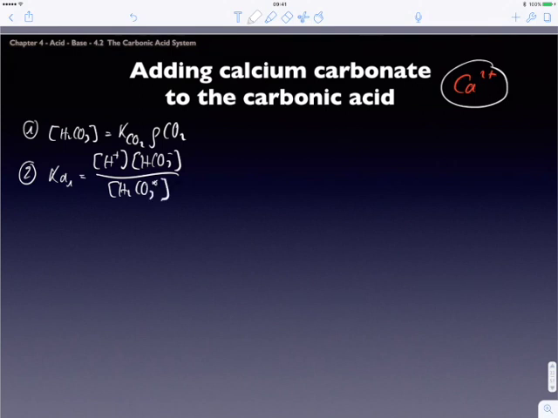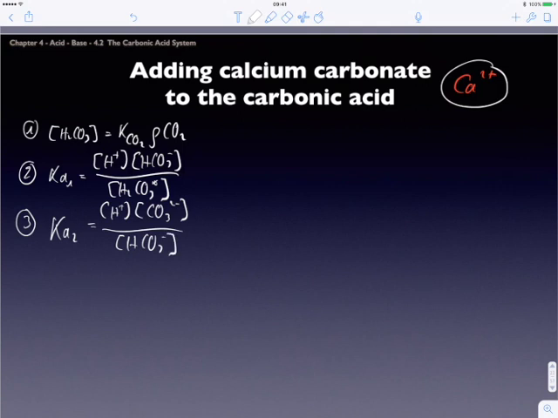This is the second equation. The third one we are familiar with too, which is Ka2: H+ times the carbonate divided by the bicarbonate.